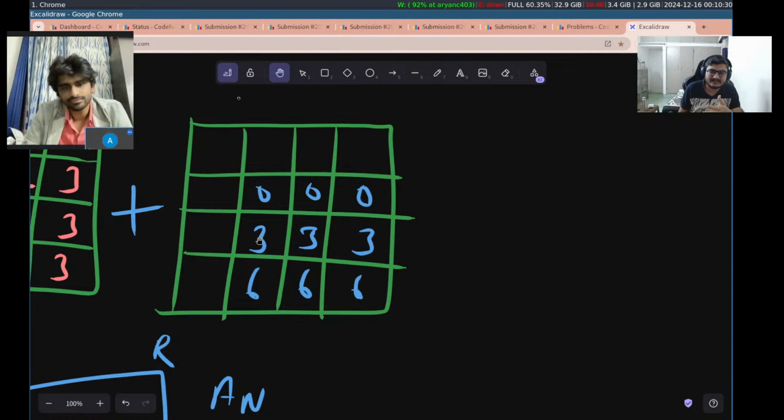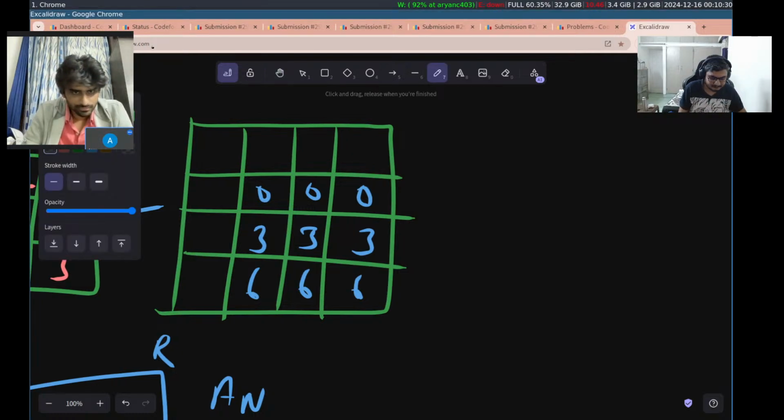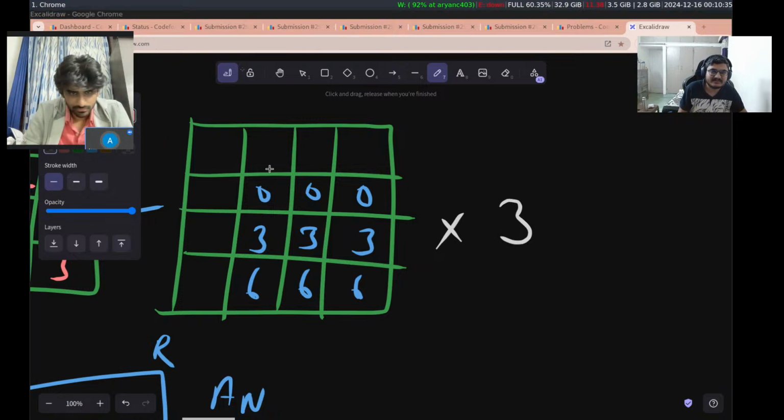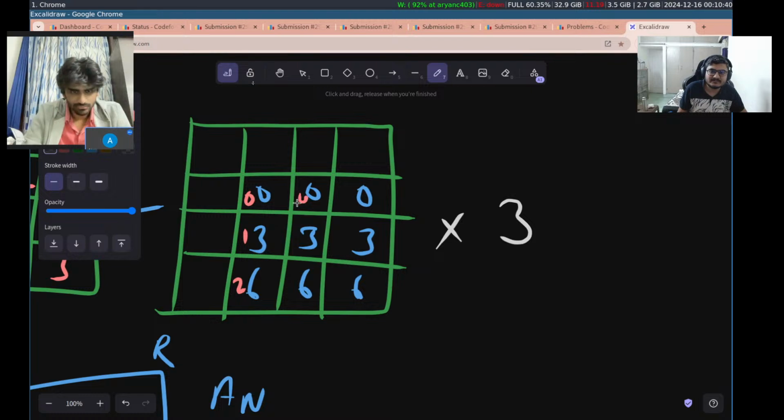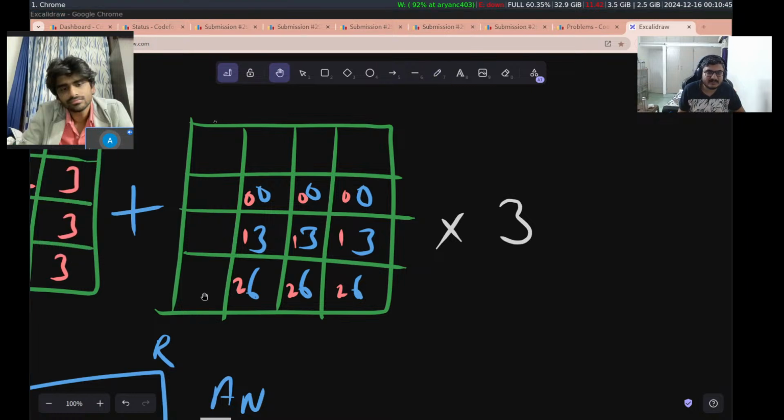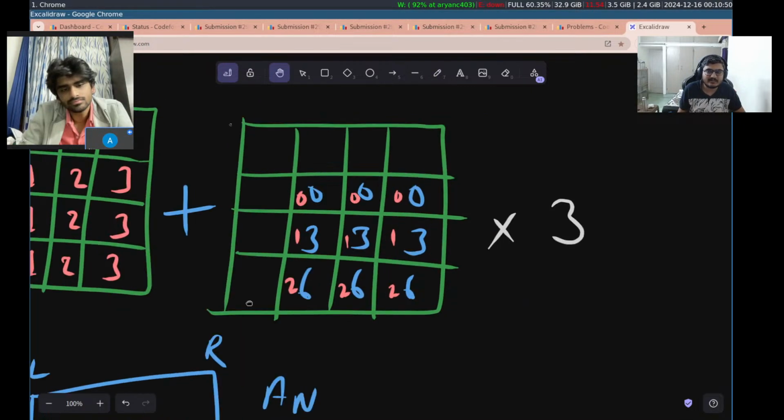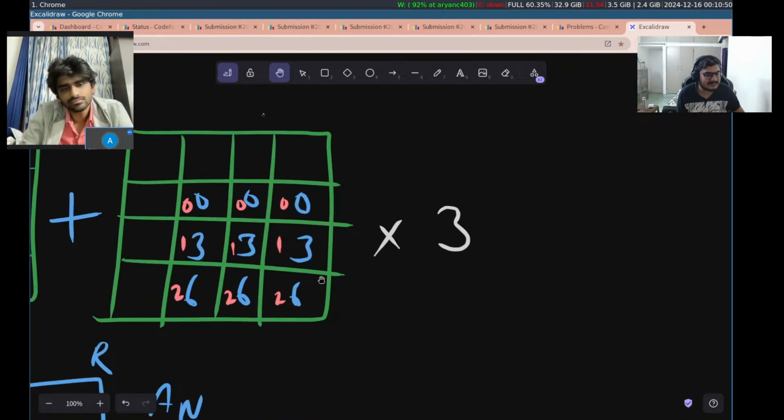And my idea was, if you move this multiplied by 3 out, then this value is essentially 0 1 2, 0 1 2, 0 1 2. So whatever you are doing with rows here, you have to do the same with columns as well, and then some manipulations to find all the values here.